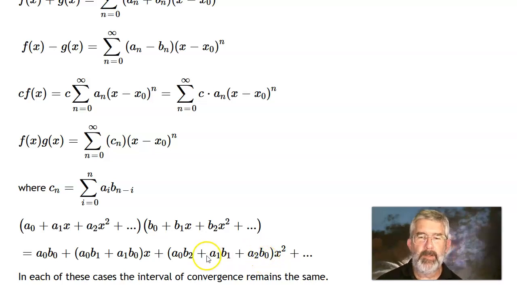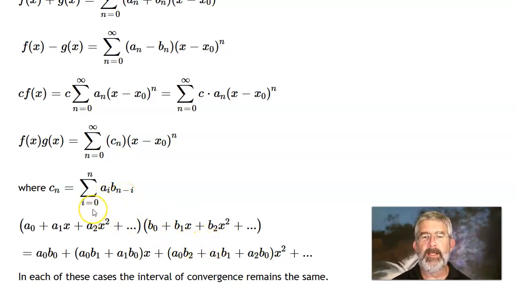Now notice that what this is here, this is the Cn up here, this would be with n equals 2. So this is the sum i equals 0 to 2 of a_i b_(2 minus i). So with i equals 0, this would be a0 b2, it's this one. With i equals 1, that would be a1 b1, that's this one.